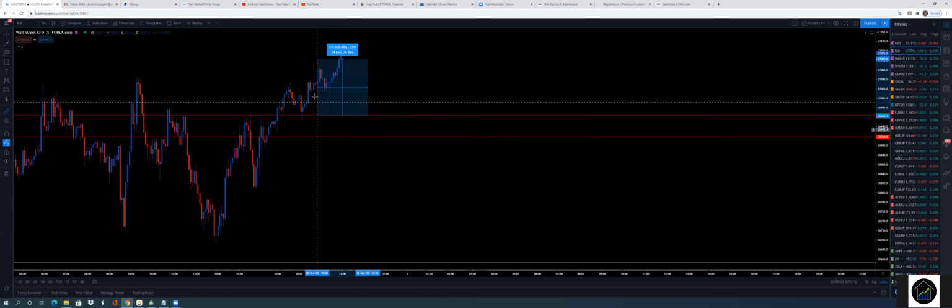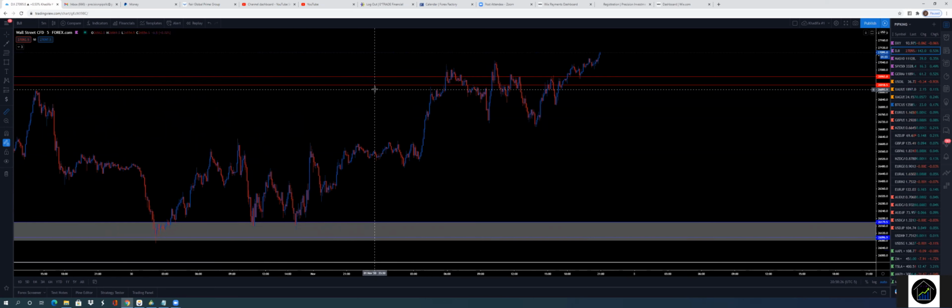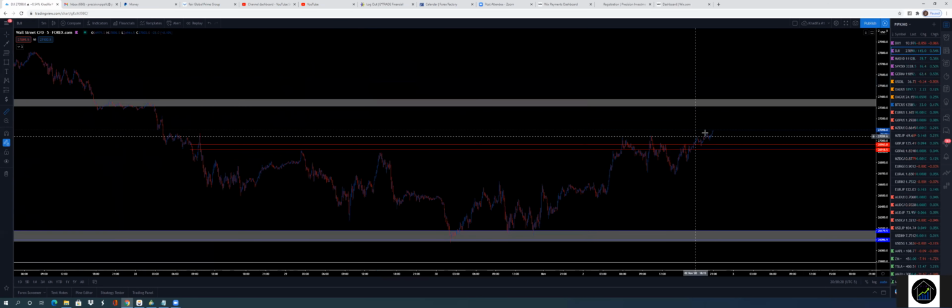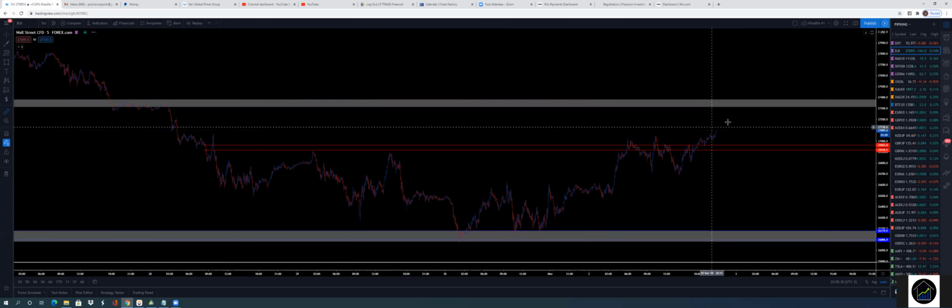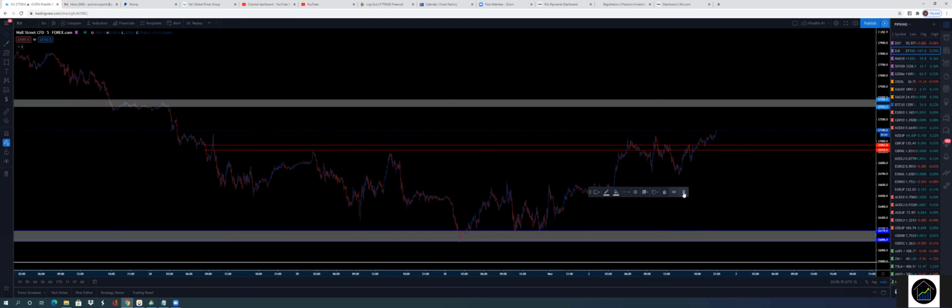So looking at Euro USD moving forward, to start out this week, I want to see us come up here and take out these equal highs up here because they are clean. I like the way they look.